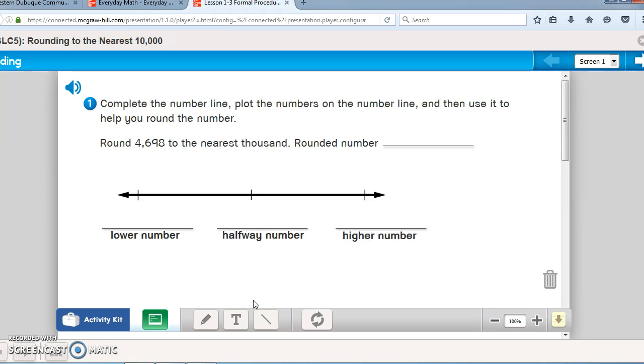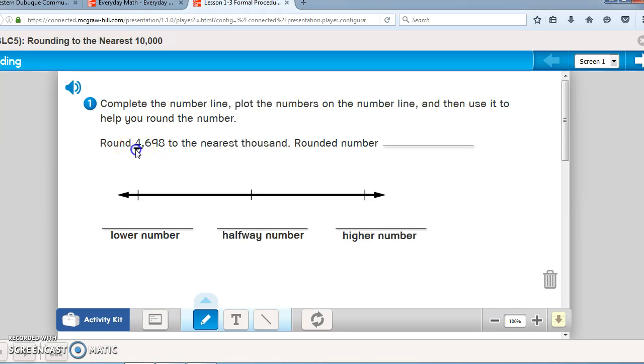Complete the number line, plot the numbers on the number line, and then use it to help you round the number. So I'm going to ask you to round 4,698 to the nearest thousand, and then write that rounded number. Nearest thousand. Automatically, you should walk right underneath the thousands place value.